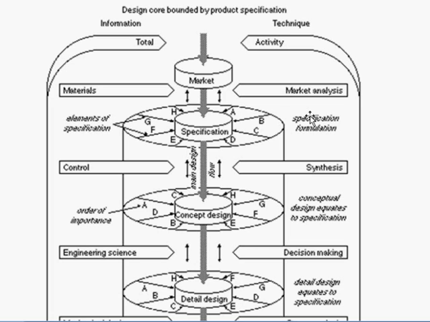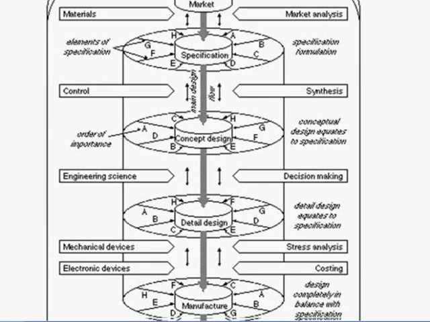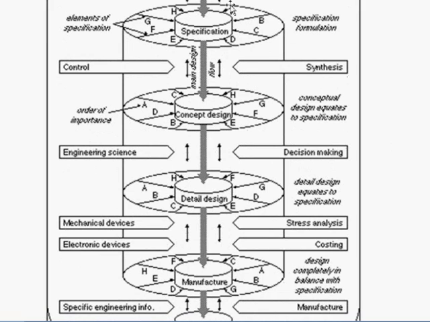Okay. So once you've established the need, you've identified the specification, now you have your basis, you can now start to put ideas down. This is what's known as the concept design, because at this stage you're trying to brainstorm ideas but not limiting yourself too much on what's possible.